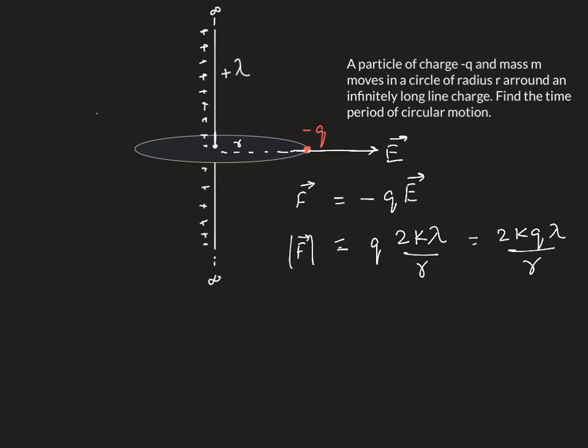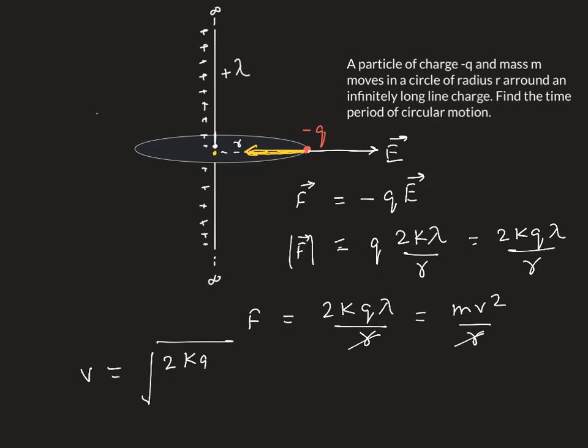Now this force will act opposite to the direction of field, towards the center of the circle. So this force will also act as the centripetal force. So 2k q lambda by r equals mv square by r. R gets out of the scene, you will get v equals root under 2k q lambda upon m.